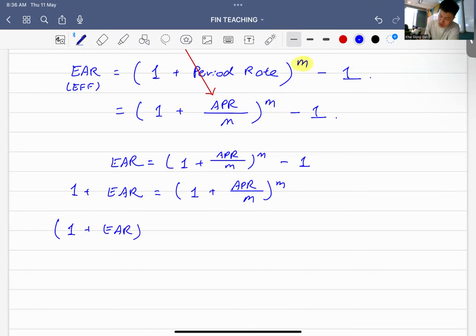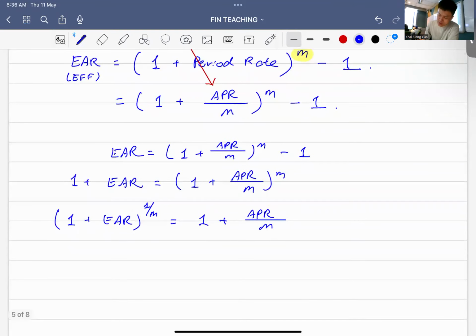But we will be using the financial calculator for all this, so you don't have to worry too much about the formula. Okay, so I move the power to the left. And then I move the 1 from the right hand side to the left hand side.